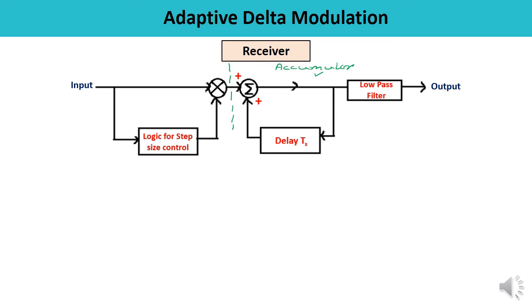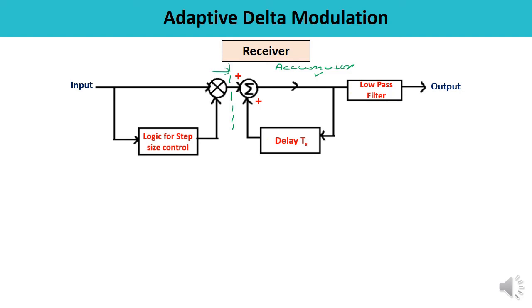The first portion is going to produce the step size. Step size from where? From the incoming bit, and exactly the same process is followed which happened in the case of the transmitter. The previous input and the present input decide the step size. Only the comparison is to be done depending upon the present value and the previous value, and on the basis of the comparison it is applied to the accumulator.